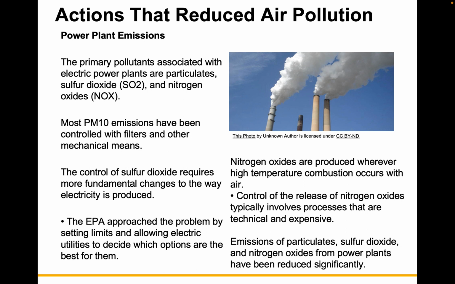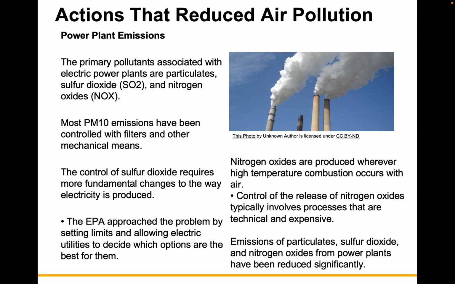Power plant emissions are another area where we've made a lot of headway. The primary pollutants associated with electric power plants are particulates, sulfur dioxide, and nitrogen oxides. Most PM10 emissions have been controlled with filters or with other mechanical means. The control of sulfur dioxide requires some fundamental changes to the way electricity is produced.